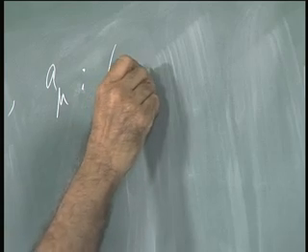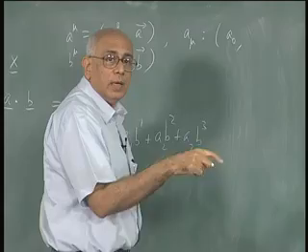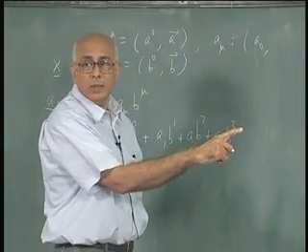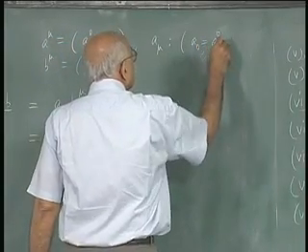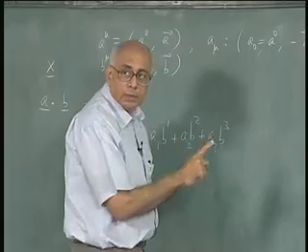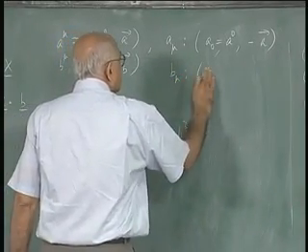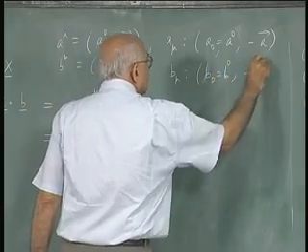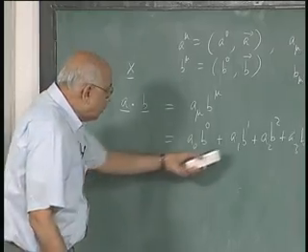This is A0 downstairs and then A1, A2, A3 downstairs indices, but we know those are minuses of the upstairs indices. So this stands for A0 equal to A0 numerically, minus A, and similarly B mu stands for the set of 4 quantities B0 equal to B0, minus B. And now what does A dot B stand for?